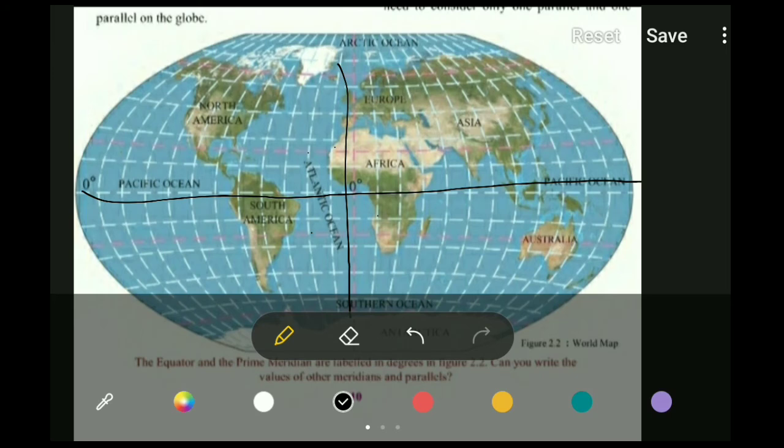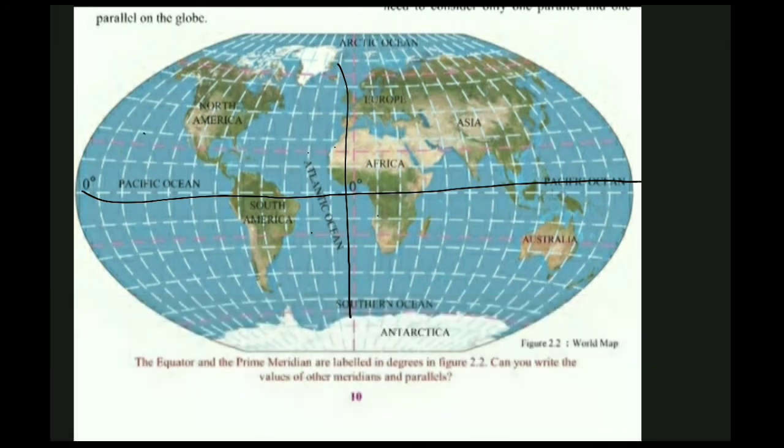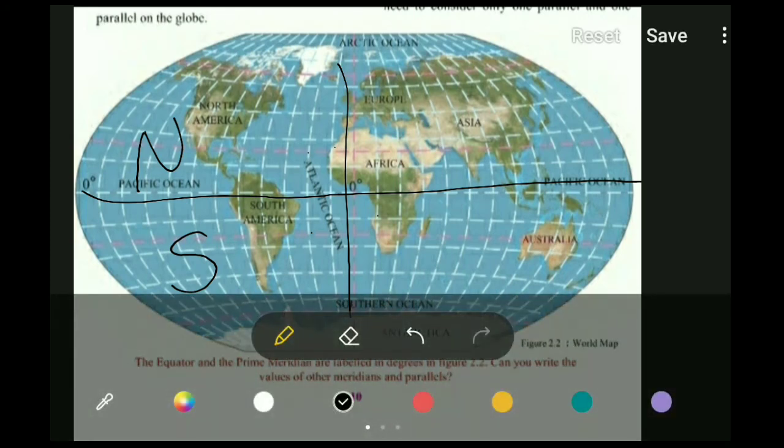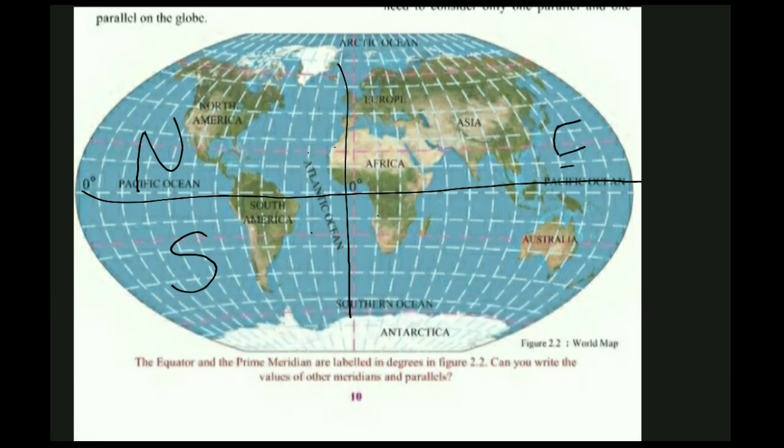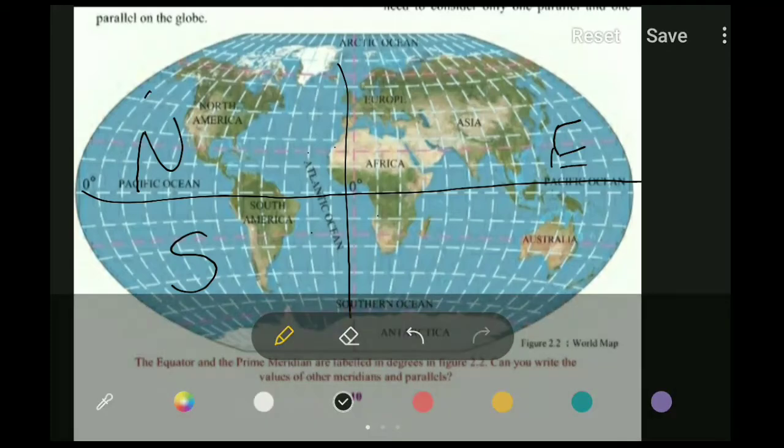So also the Pacific Ocean, it is in the northern hemisphere, it is in the southern hemisphere, it is in the eastern part, and it is also in the western hemisphere. So the Atlantic Ocean and Pacific Ocean are the oceans which are in all the 4 hemispheres.